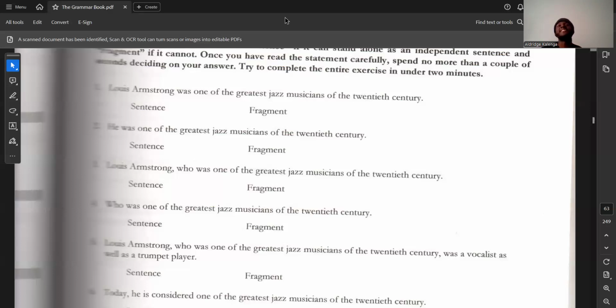Oh, I see why this one is confusing. This is a strong statement, so I don't want to say always, but almost always, if you have a standalone that starts with a WH, a relative pronoun, like who, where, it's usually not a fragment if it's a question. So who was one of the greatest jazz musicians of the 20th century?